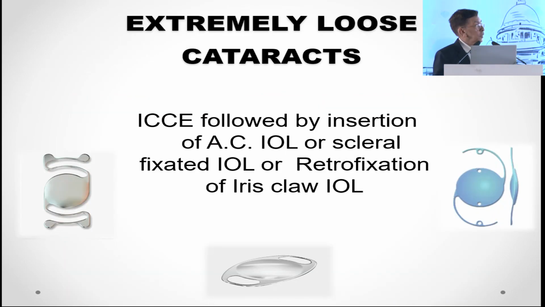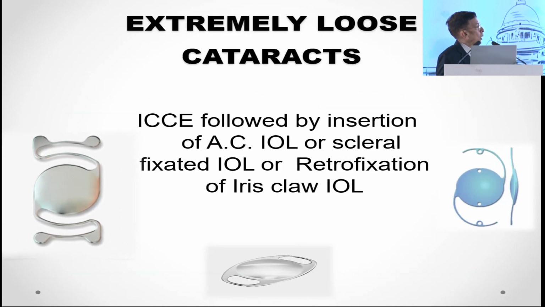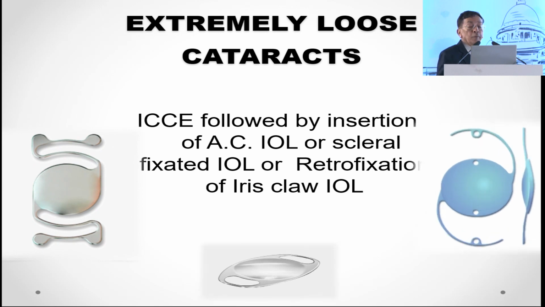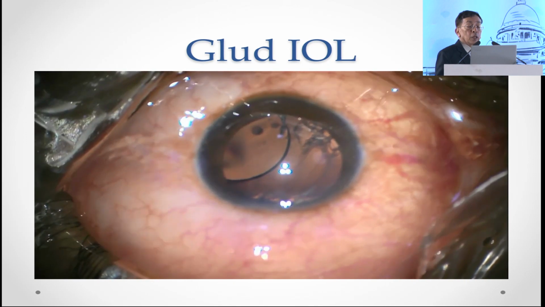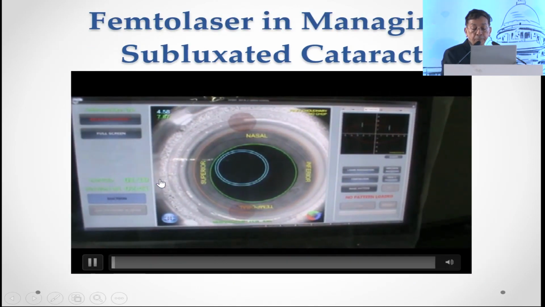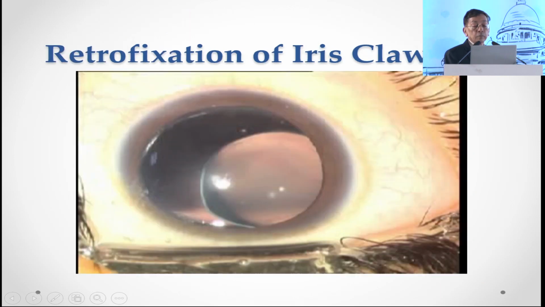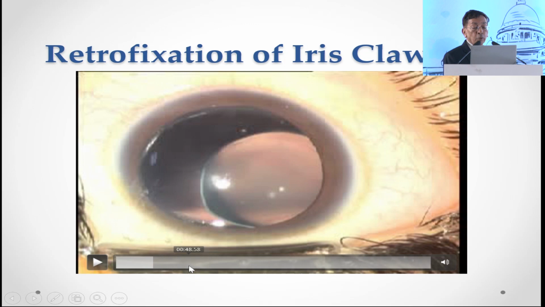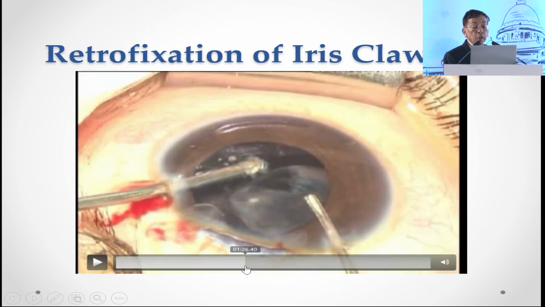Now, in case of extremely loose zonules, there are multiple options: iris-fixated, glued IOL, anterior chamber IOL. We'll skip the glued IOL. This is the iris claw in a subluxated Marfan syndrome.